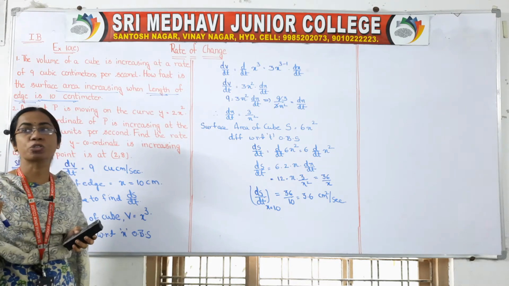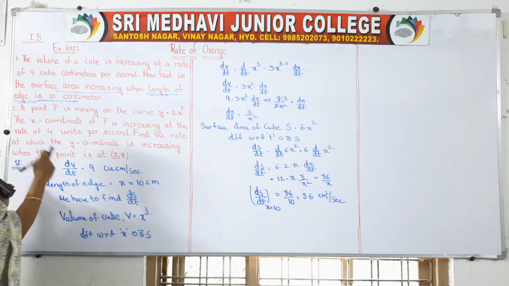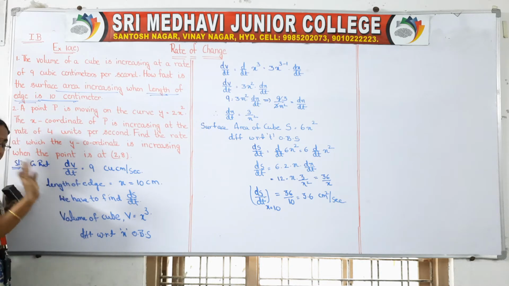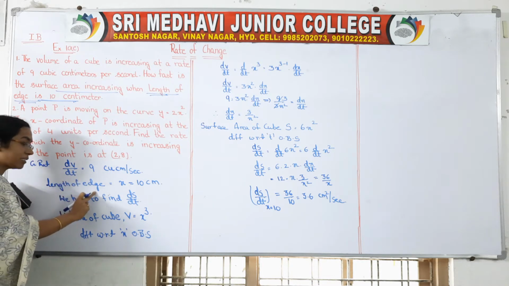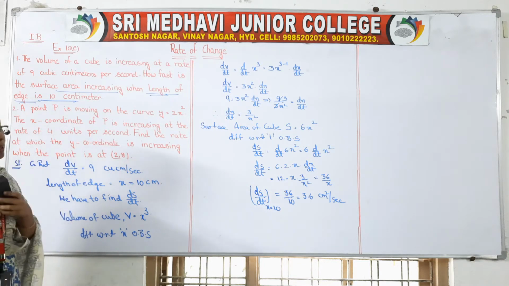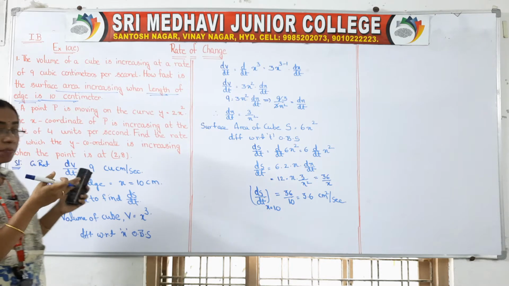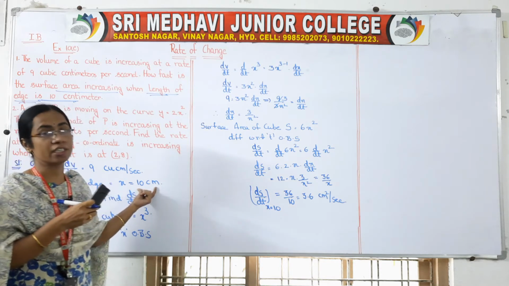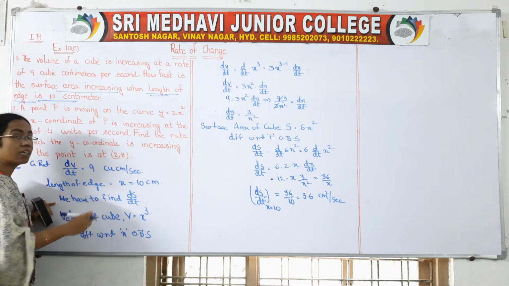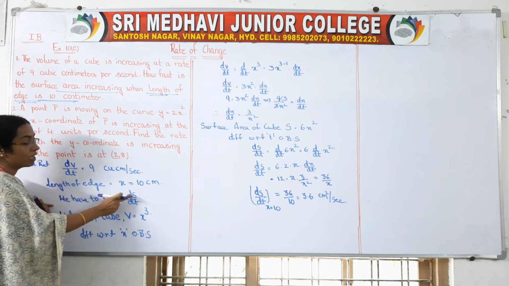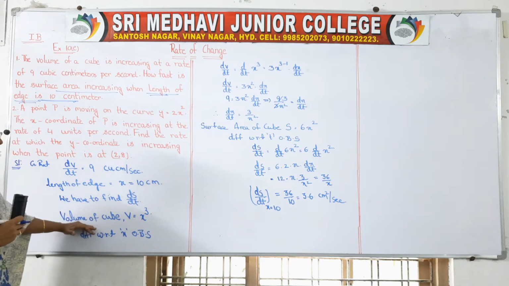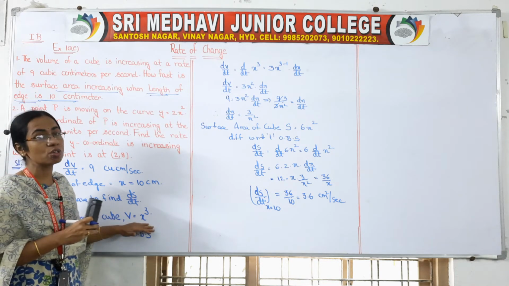That is the question. Okay, so dV by dt is equal to 9. It is the given information, and we consider the length of the edge to be x. At the time of finding dS by dt, the edge of the cube is 10 centimeters, and we have to find the rate of change of surface area. So first you take the volume of the cube, its formula is V is equal to x cube.